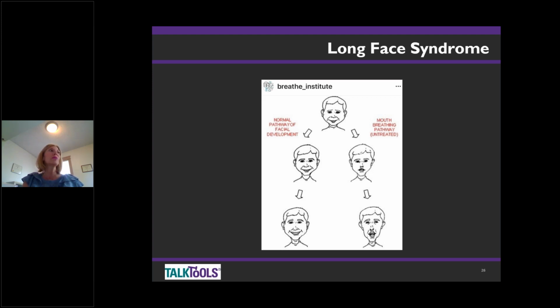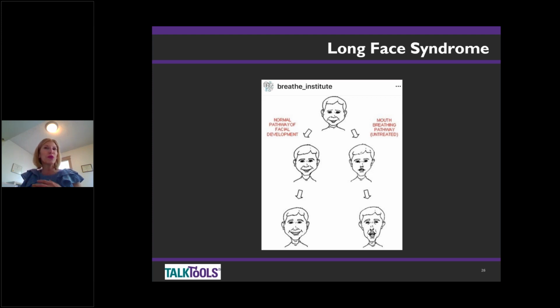When you have a normal pathway of facial development, you're breastfeeding, you transition to all your foods, you're doing mastication in an appropriate way, you're following that hierarchy, you're going to have a normal pathway of facial development.